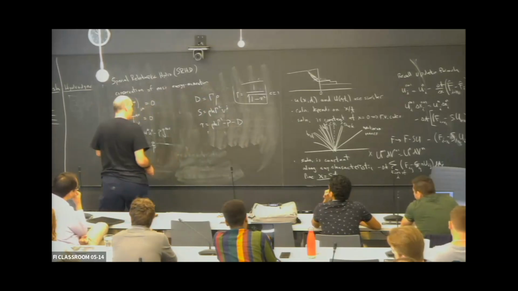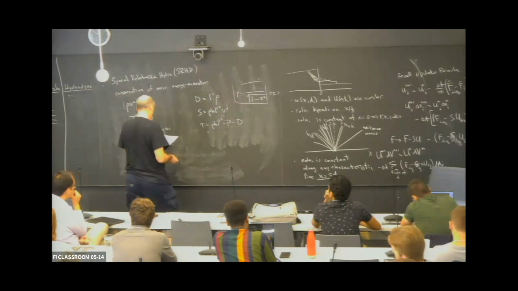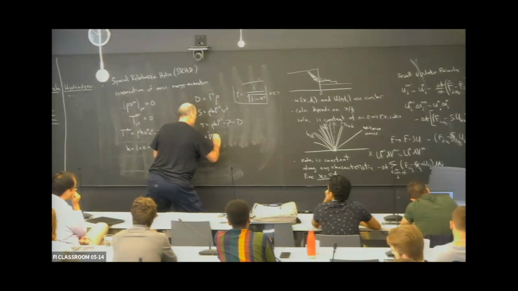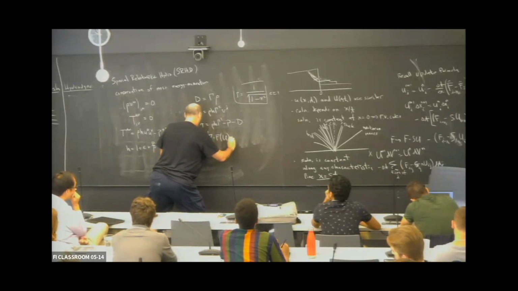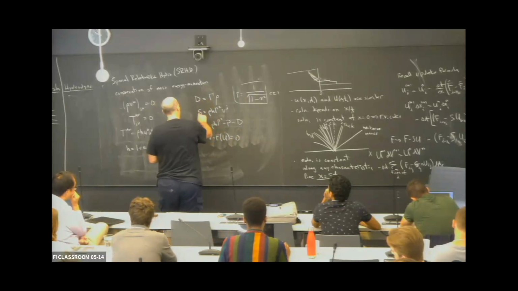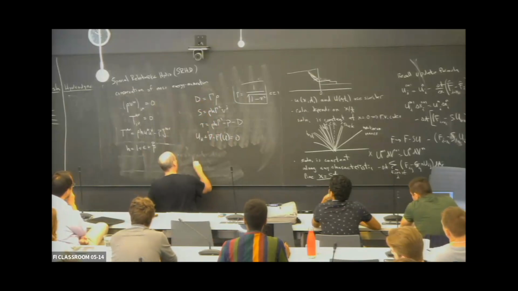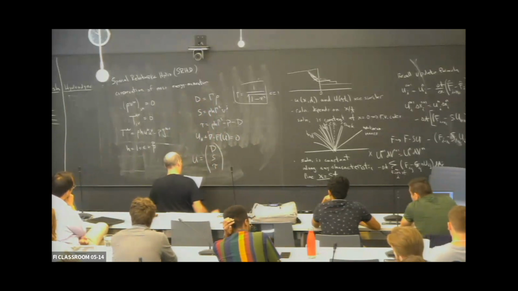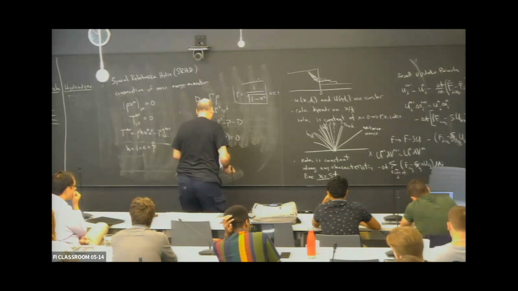But the point is that our system is still in this form. It's still a conservation law. It's still what we're used to. The only difference now is that U is now this: D, S, and tau. And then the fluxes are straightforward.